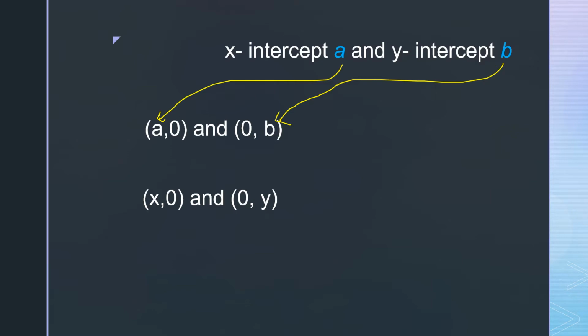If you have the x-intercept A, the y of this will become 0. And for the y-intercept, which is b, the x is 0. In some books, they use x0 for the first point and 0y for the second point. So those are the same.